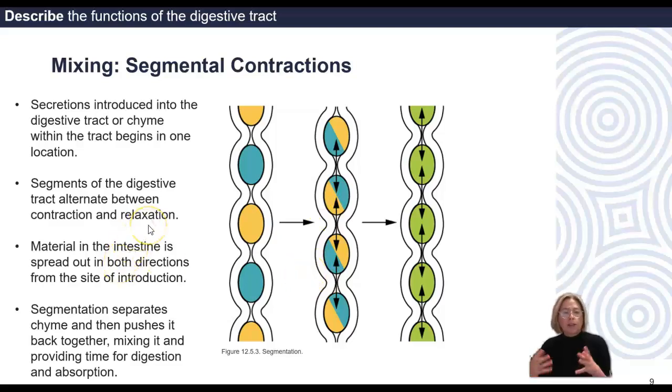And the material in the intestine then is spread out in both directions from the site of introduction. And so segmentation separates the chyme, then pushes it back together, and it mixes it, and it provides time for digestion and absorption to occur. So these mixing segmental contractions bring the chyme in closer proximity to all of the secretions and the digestive enzymes, so that digestion and absorption can occur.